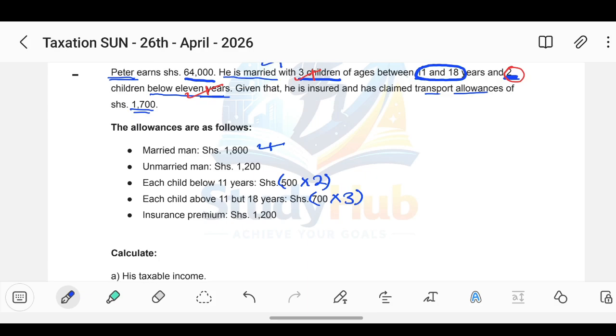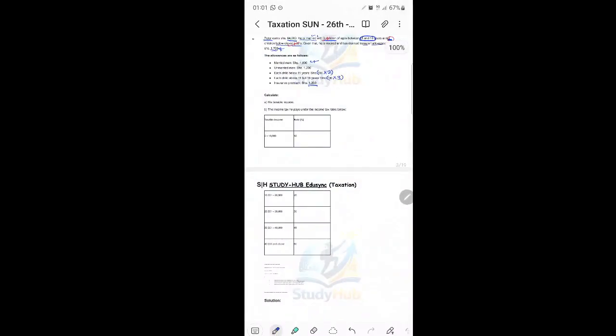Then there is a premium and insurance or insurance premium, which is 1,200. Not forgetting that there is an allowance of 1,700 there. That one is a trick. They're tricking you into forgetting that 1,700.